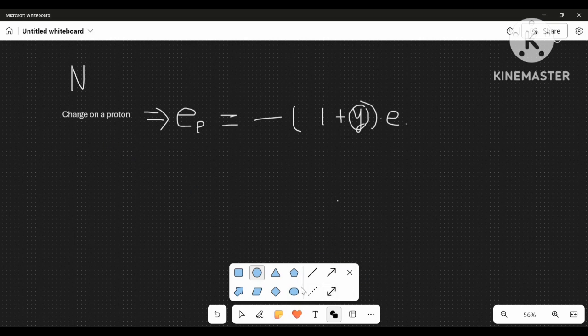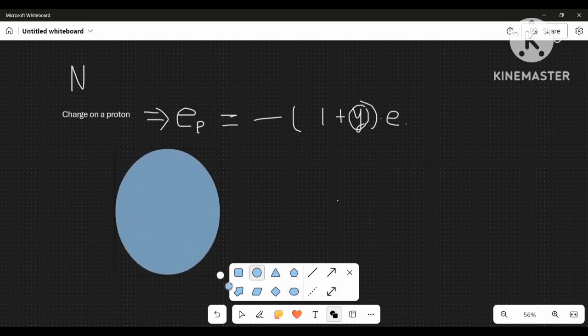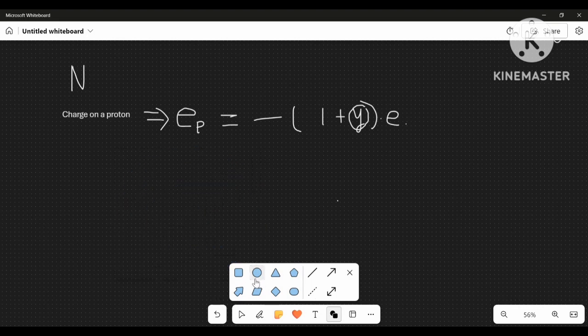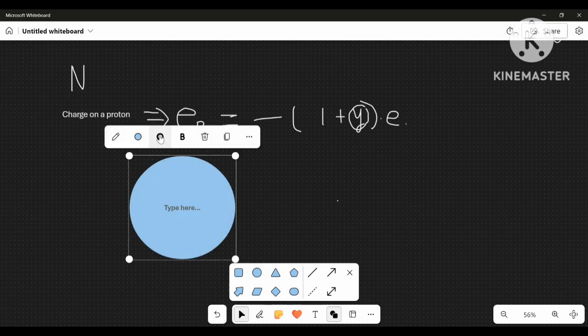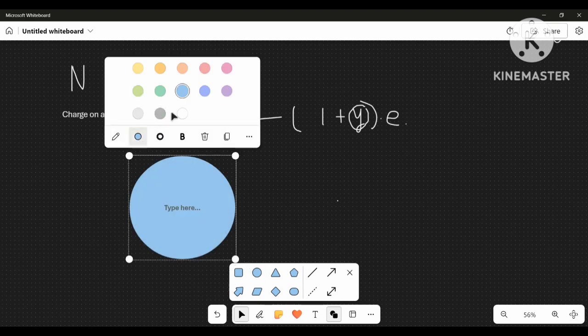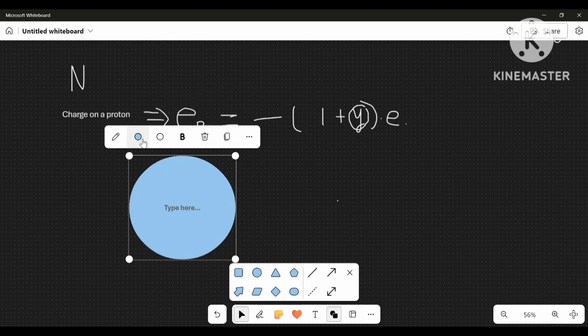That perfectly works out. Let me see if I have a sphere over here. Yeah, change the color to, like, make it a ring. Yeah, so the universe is a sphere of radius r.